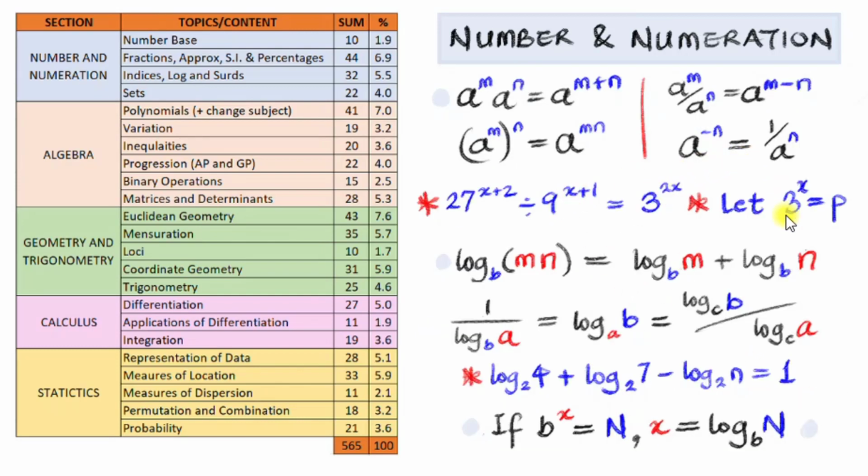And then quite popular among the questions that JAMB normally sets is the laws of indices and the laws of logarithm. You need to know how to actually compute all of this, what to do with the powers, what to do with the bases if you are working with this. And then once in a while, they do bring out exponential equations and logarithmic equations, okay? This is a logarithmic equation here.